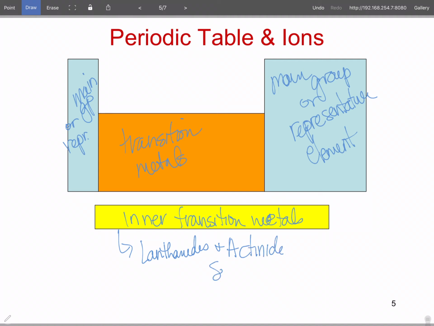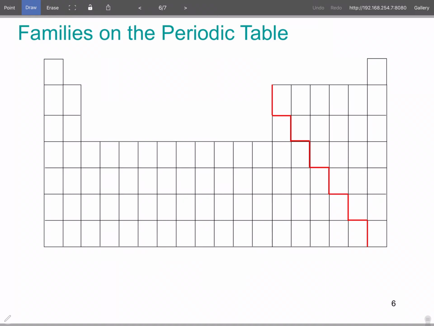So when we talk about elements or atoms, we may say we're just talking about the main group. Sometimes we're talking about just the transition metals or the inner transition metals, and we'll identify those as we go.